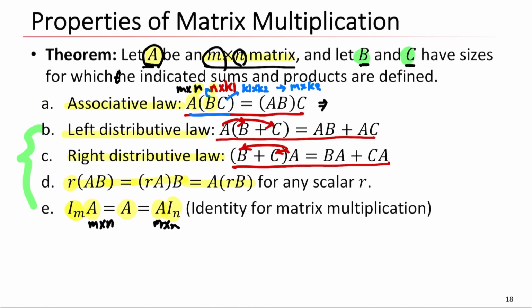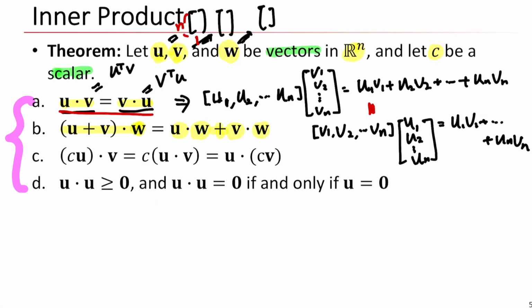There was a theorem, something like this, right? As you can see here, A times (B plus C) was equal to A times B plus A times C, right?